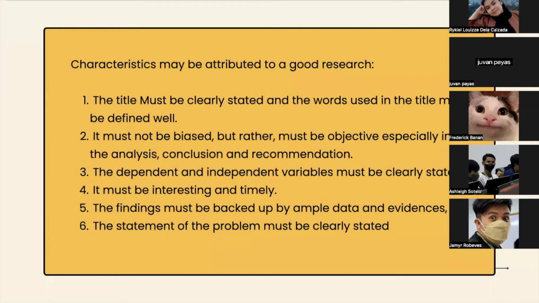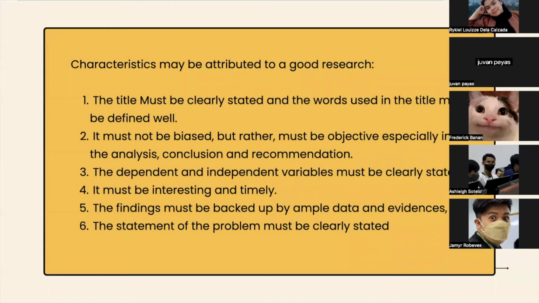Again, the title must be clearly stated, and the words used in the title must be defined well. Number two, it must not be biased, but rather it must be objective, especially in the analysis, conclusion, and recommendation. Number three, the dependent and independent variables must be clearly stated. Number four, it must be interesting and timely.